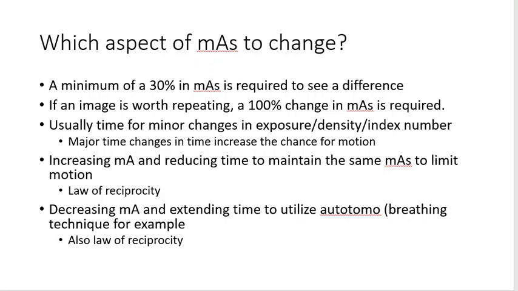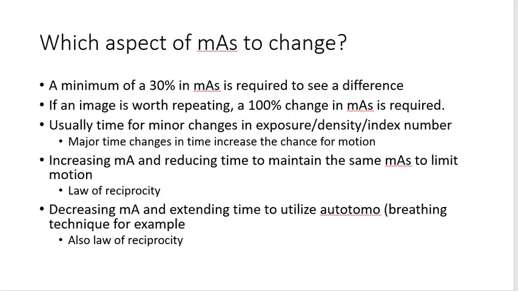So sometimes it's more appropriate to change your MA rather than changing your time. Increasing MA and reducing time to maintain the same mAs limits motion, and that's basically your law of reciprocity. As long as you maintain the same overall mAs value, it should not, in theory, matter if you increase your MA and decrease your time, as long as that mAs value remains the same.